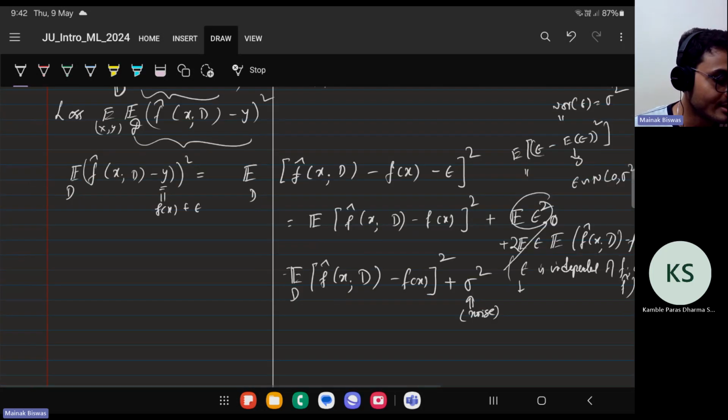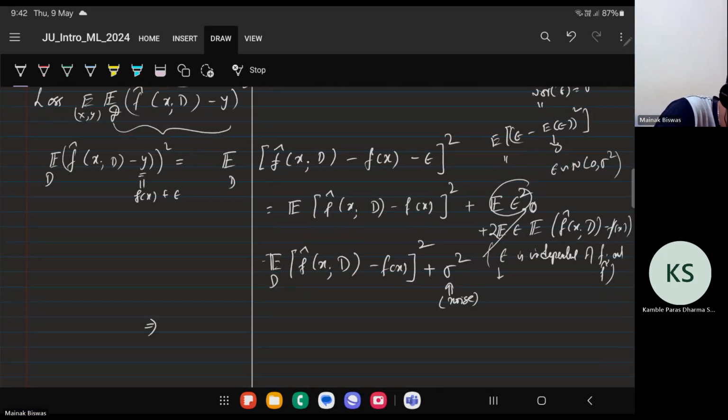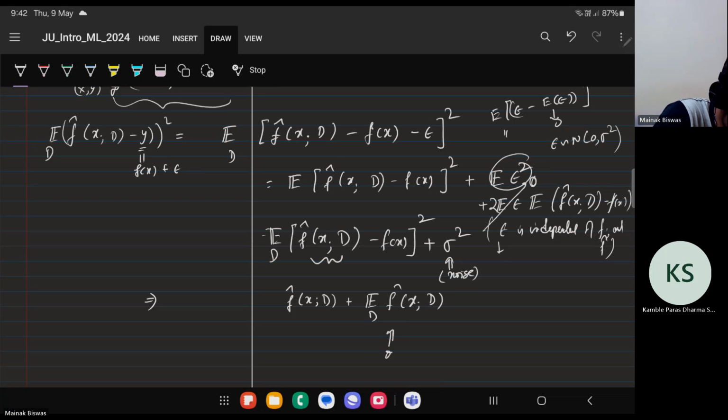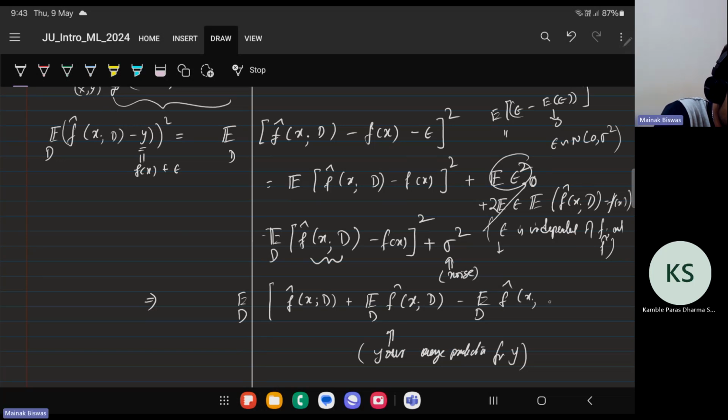What I end up doing is I add to this quantity the expected value over the data set of f hat, which is the average prediction for x, and I'm going to subtract the same expected value from it.